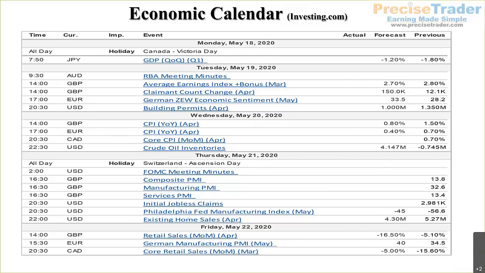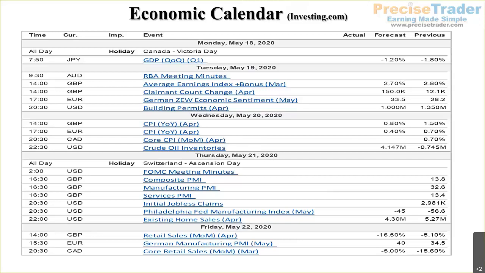Then we have Euro German economic sentiment and USD building permits. Wednesday we have pound CPI, Euro CPI, Canadian dollar core CPI, and US crude oil inventories. Thursday Switzerland is on holiday. In fact, Wednesday night we have USD FOMC minutes, because it's early in the morning.